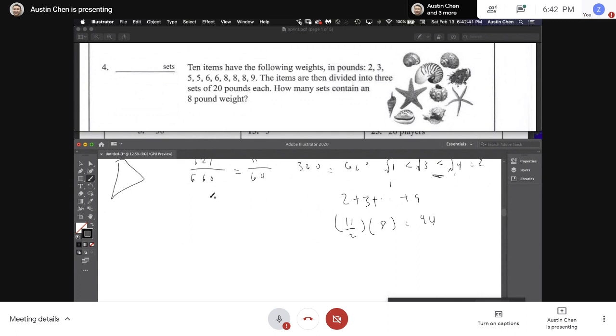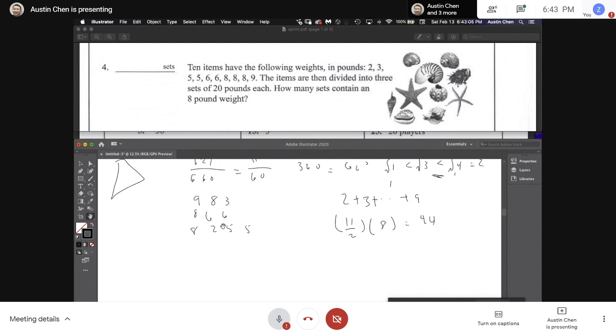And so you can try sorting them. We've already found the solution though. So you take 9, 8, 3, so that's 20. You take 8, 6, 6, that's also 20, and then the rest is 8, 2, 5, 5, and that's also 20. This didn't take too long.